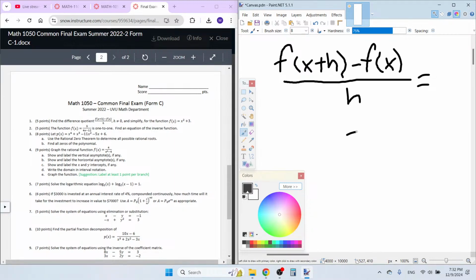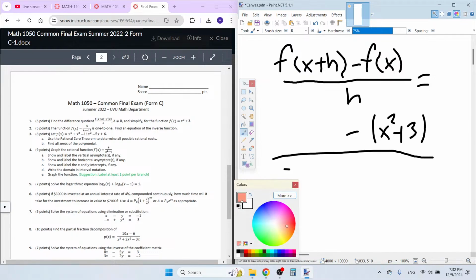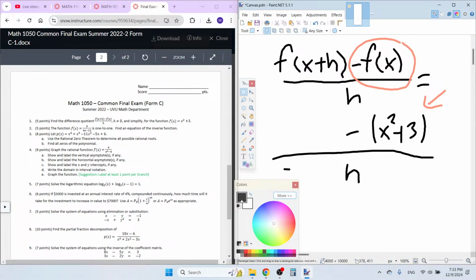So that means that f of x is x squared plus 3. We're just substituting this here, which is f of x, so we plug in f of x there. h still stays on the bottom of our fraction. We erase the mark that doesn't deserve to be there.